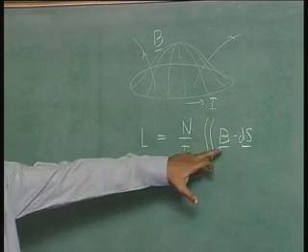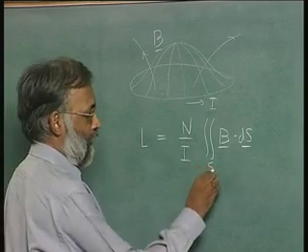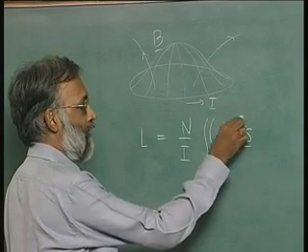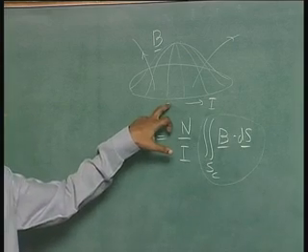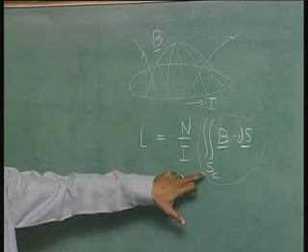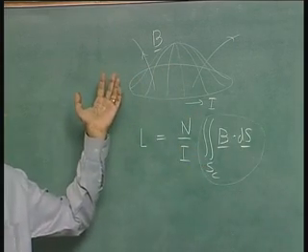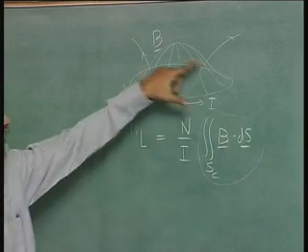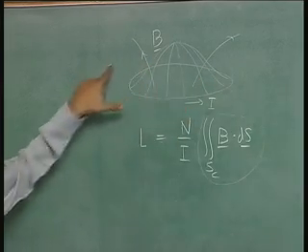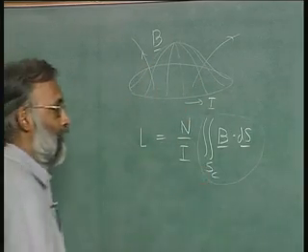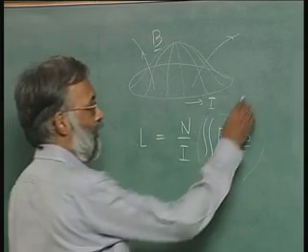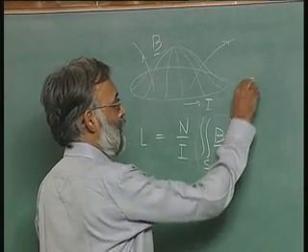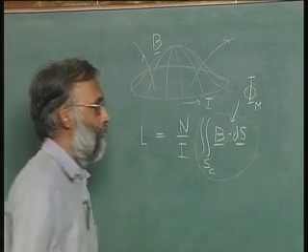So, the idea is that if you have a surface integral B dot ds that links a loop, then the particular surface you choose does not matter. All that matters is the loop to which that surface connects, and this particular integral is called magnetic flux, which I will denote as phi m.